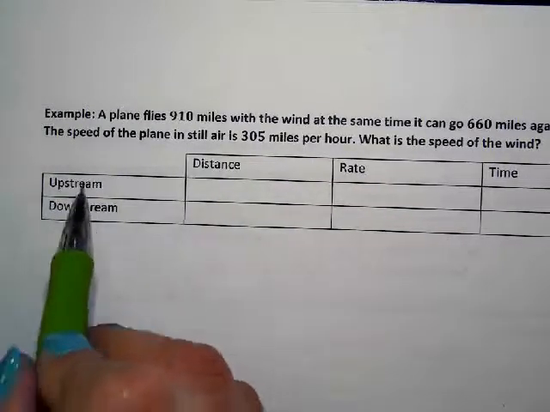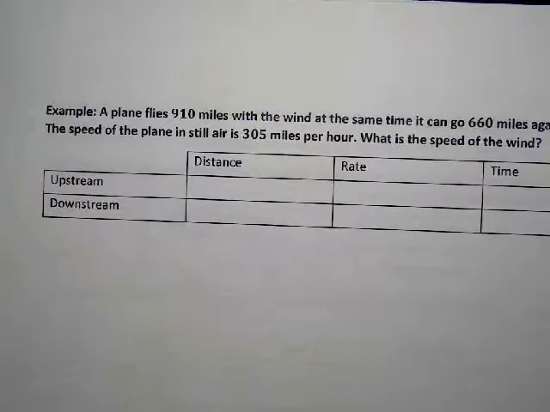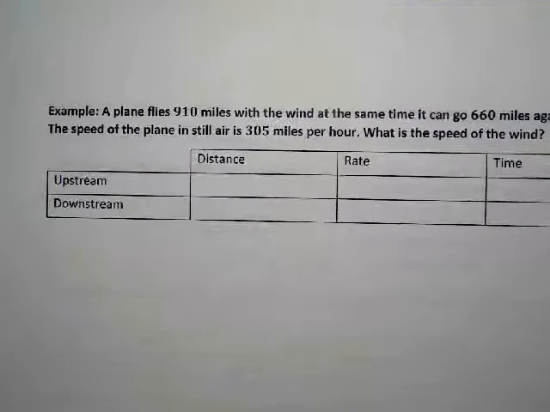Would that be upstream or would that be downstream? Downstream would mean that you're not having resistance. Does that make sense? With the wind means you're not experiencing the resistance. So let's cross out downstream and write with the wind. Go ahead and do that real quick.